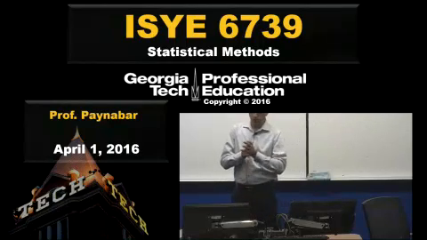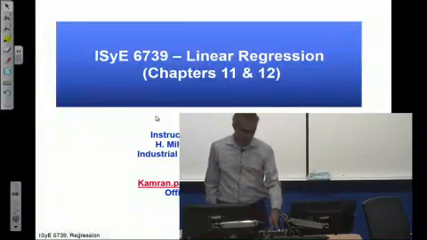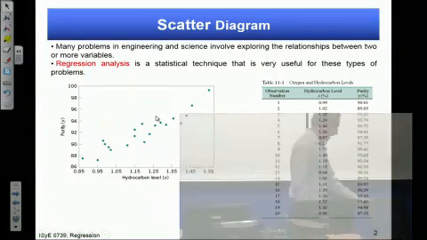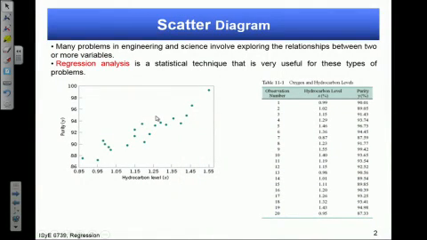Everybody. So linear regression, we have started talking about linear regression, and we said if you have basically two variables and you want to find a relationship between two variables and you want to quantify it, then you can use regression. We have different types of regression.